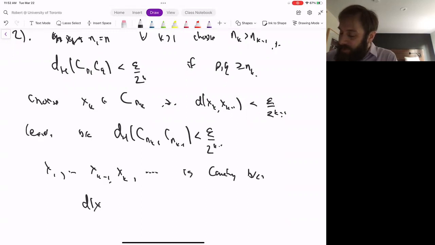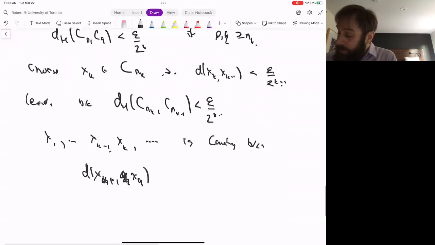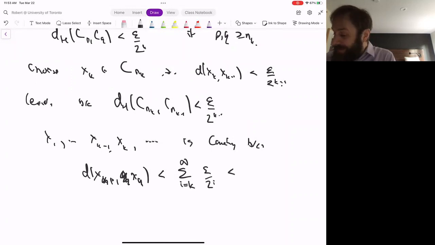So the distance between xp and xq is less than the sum, i goes from, let's say, k to infinity, epsilon over 2i, which is less than epsilon over 2k, as soon as p and q are both bigger than probably nk or maybe nk plus 1.